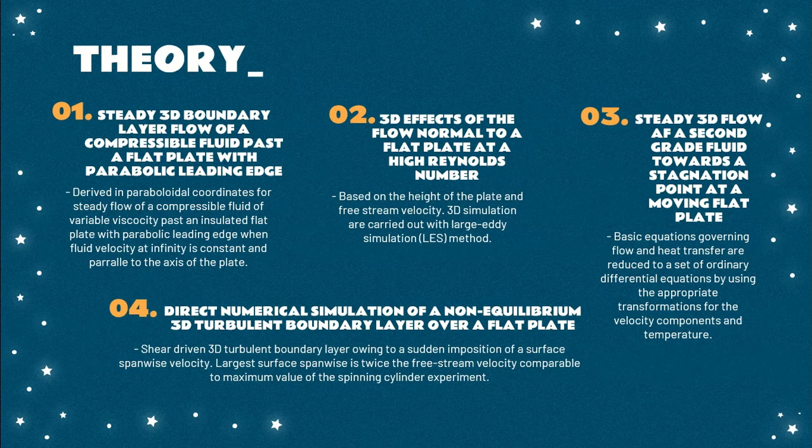It is derived in paraboloid coordinates for steady flow of a compressible fluid of variable viscosity past an insulated flat plate with parabolic leading edge when fluid velocity at infinity is constant and parallel to the axis of the plate.